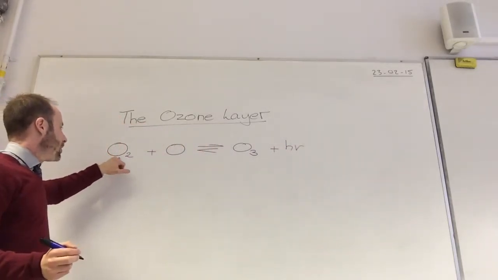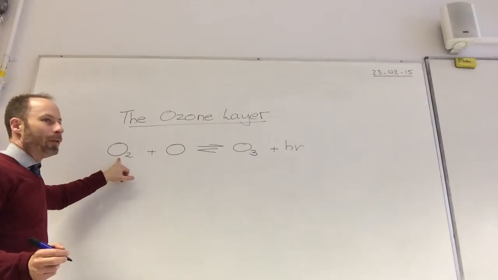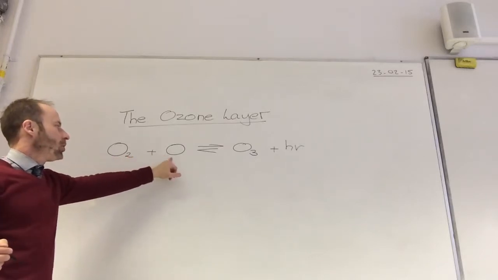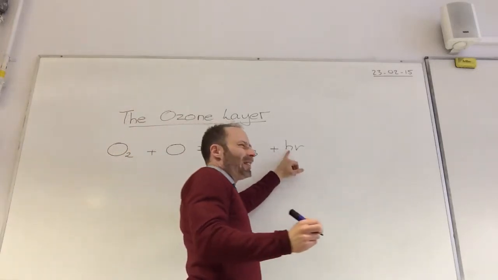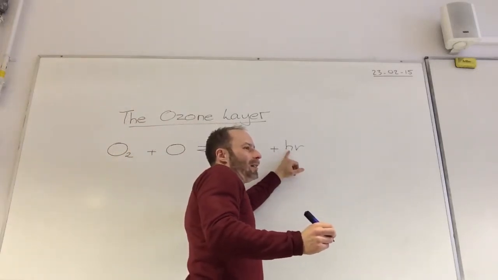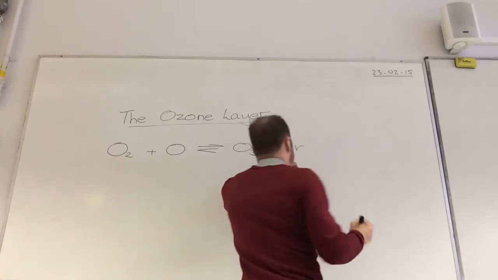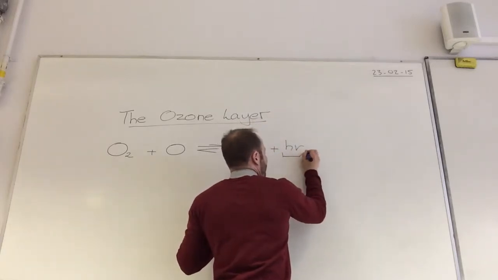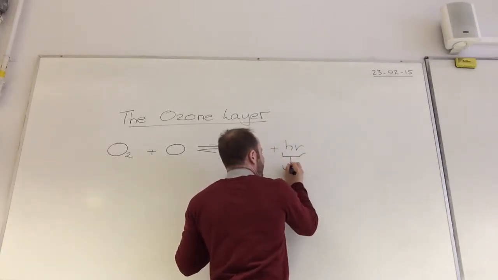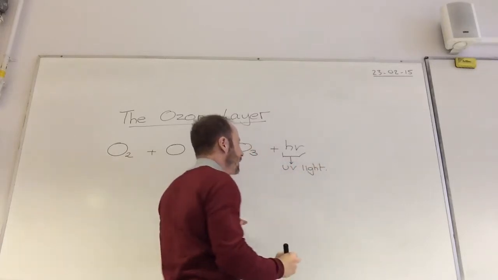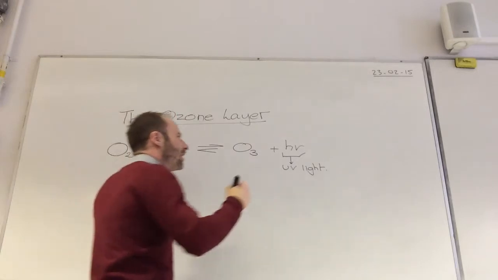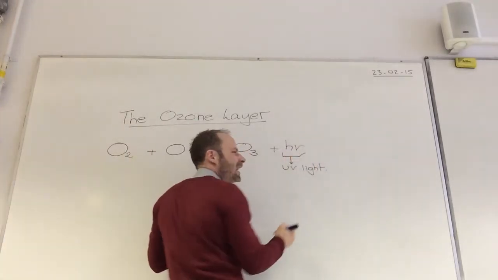So, I've got oxygen gas, which you're familiar with, plus oxygen atoms combine to give you ozone. Does anybody know what that is? That is, if you do physics, that we use, we can represent that as being UV light. It's kind of like an H with a squiggly V.